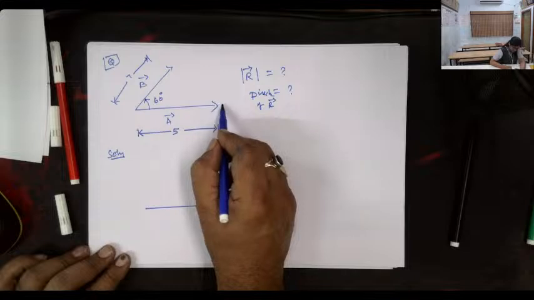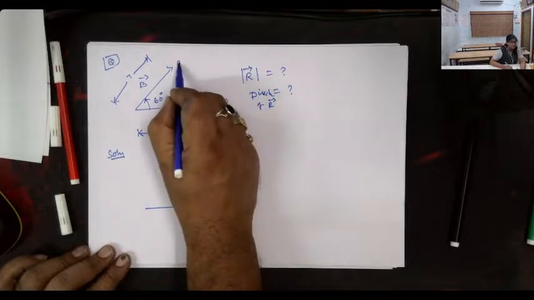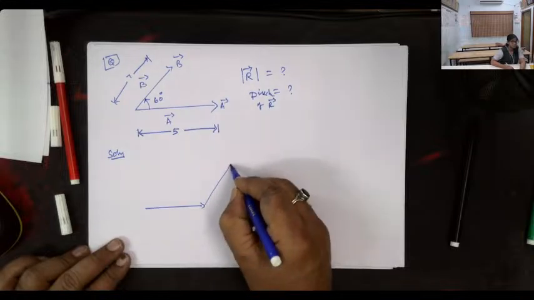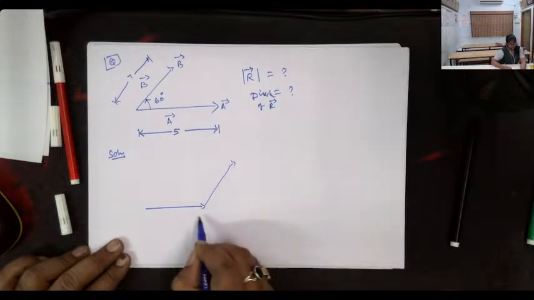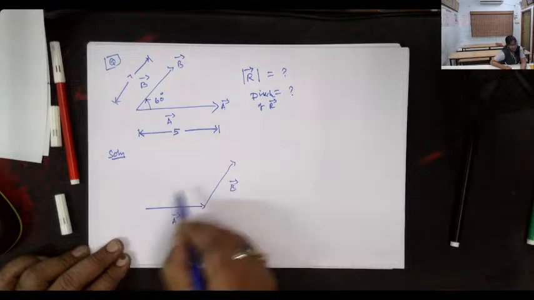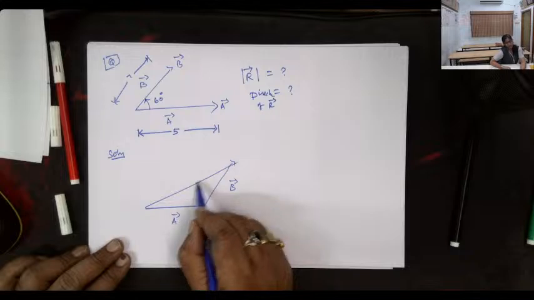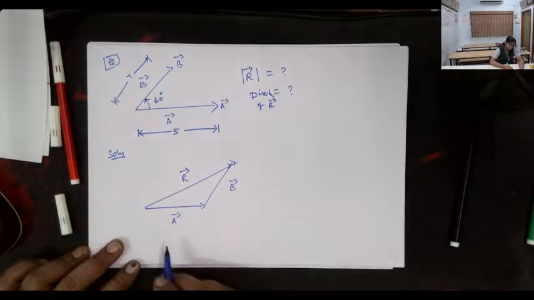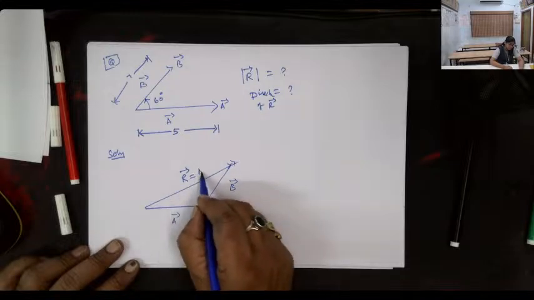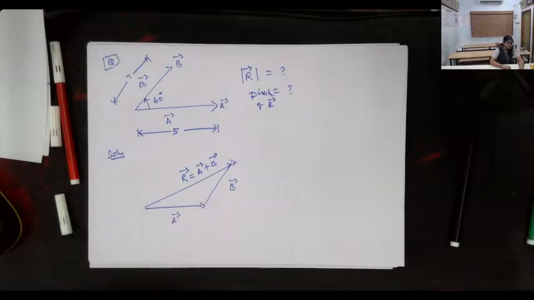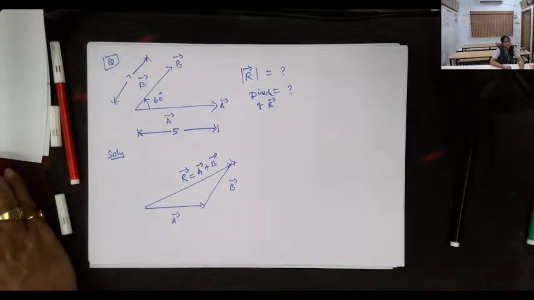Let me call it vector A and vector B. I am pushing this B vector here and fixing the tail like this. So this is vector A, this is vector B. Now we can draw a resultant vector, that is R. We already know R is equal to vector A plus vector B. Are you able to follow?